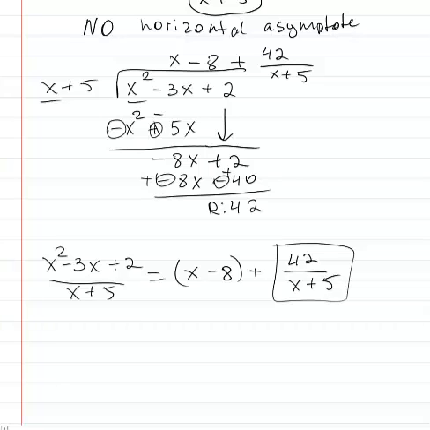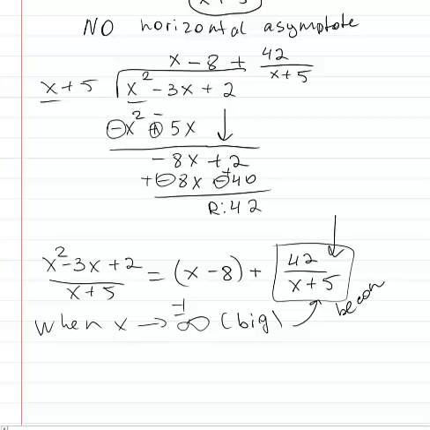Look, when x becomes very big, both positive and negative, this part right here will become very small, mathematically very close to 0. Because when x is, let's say, 100, just an example, then you get 42 divided by 105.